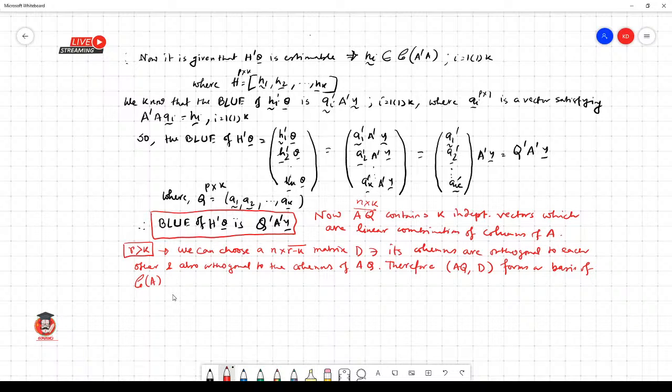Let G of order n cross r be as before, meaning just the previous result of the previous class where I proved this result, SSE follows chi-square with degrees of freedom.